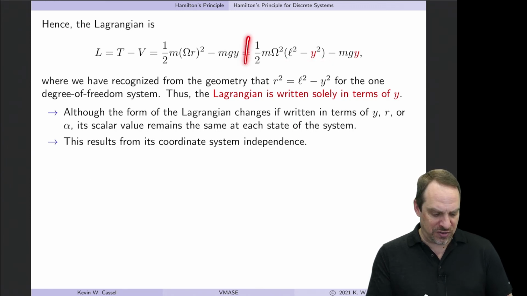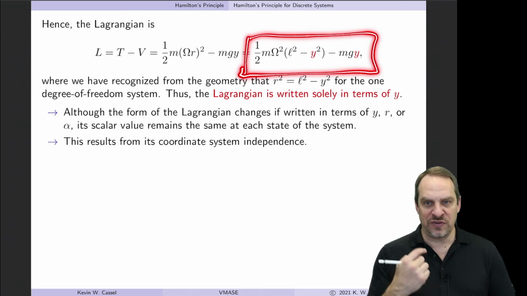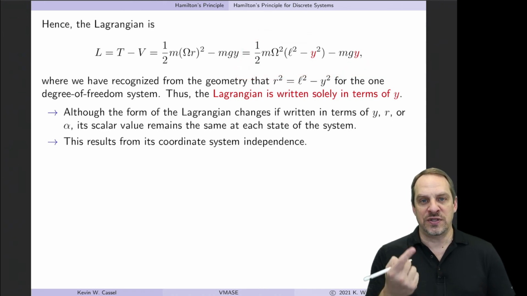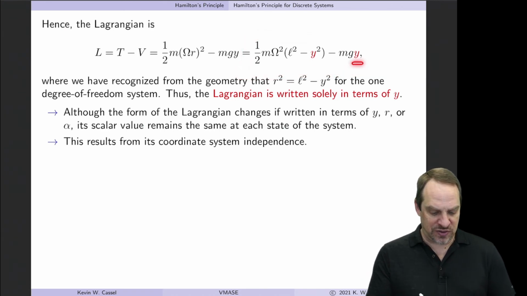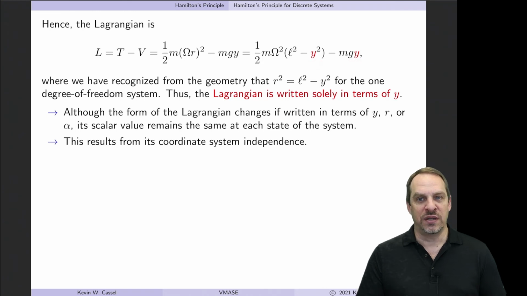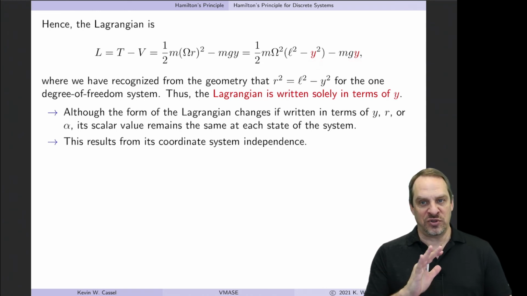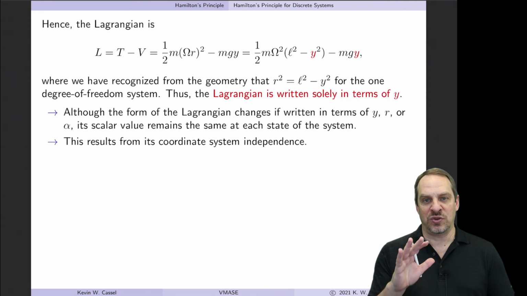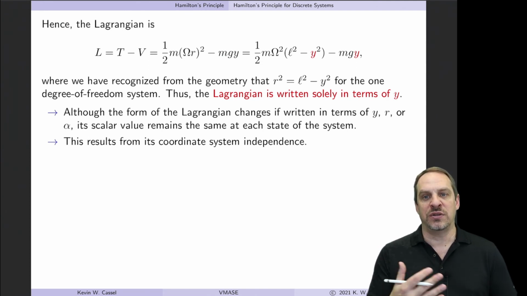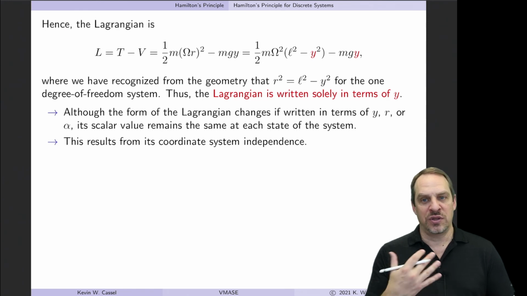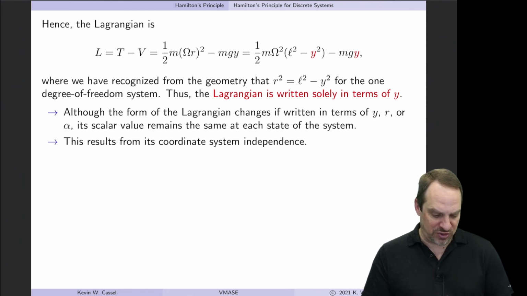So now I've written my L in terms of my one single dependent variable, in this case, the vertical location y. This is somewhat arbitrary. I'm just recognizing the fact that it's a 1 degree of freedom system, so I want to simplify my Lagrangian to take that into account, but it could be any one of these 3 variables.